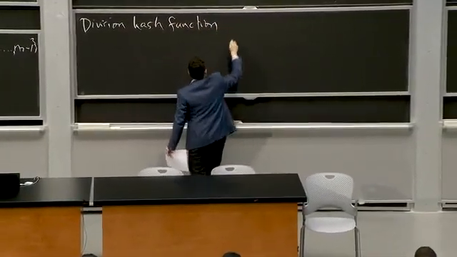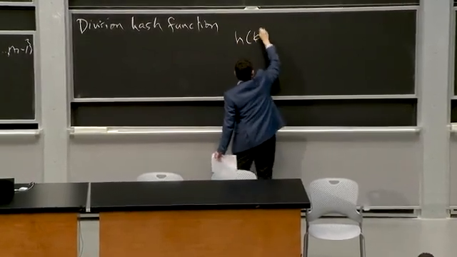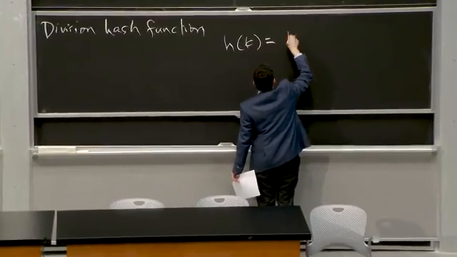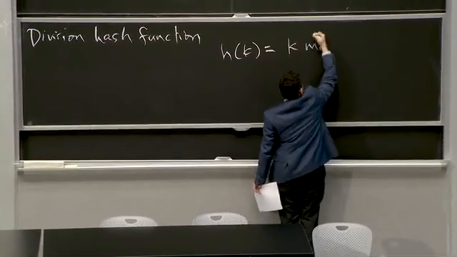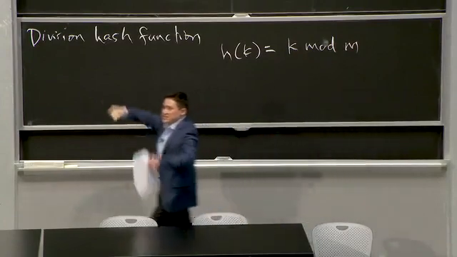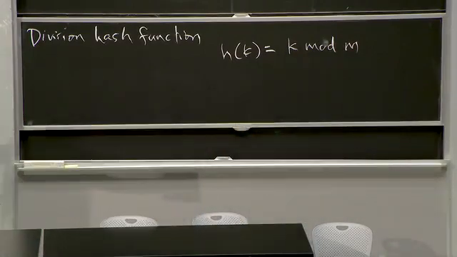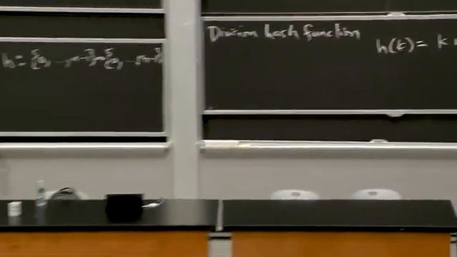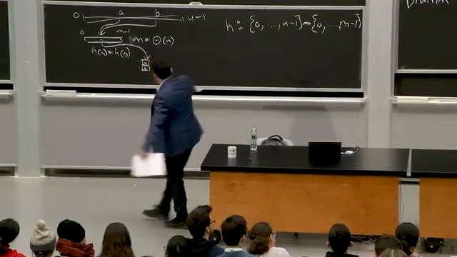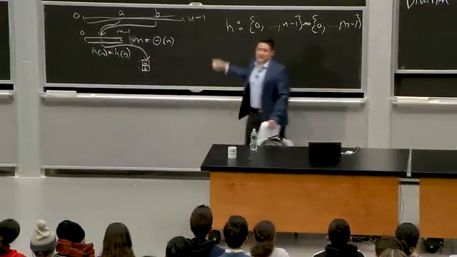What the function is essentially is going to take a key and set it equal to k mod M. I'm going to take something of a large space, and mod it so that it just wraps around. Perfectly valid thing to do. It satisfies what we're doing in a hash table.